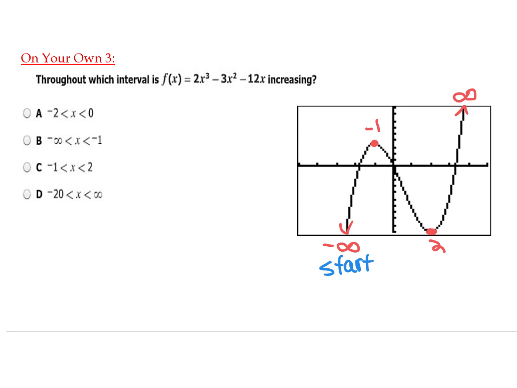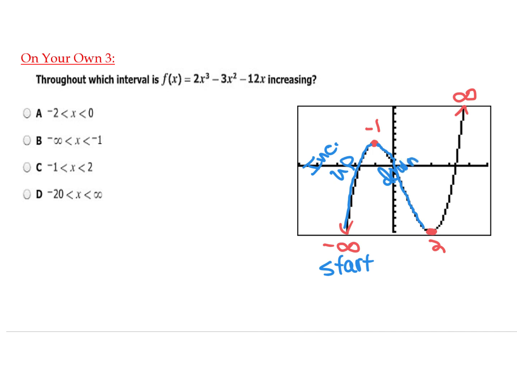So if I start at negative infinity and I go to negative 1, that graph is going up. Therefore, this would be an increasing interval. From negative 1 to 2, my graph is going down.